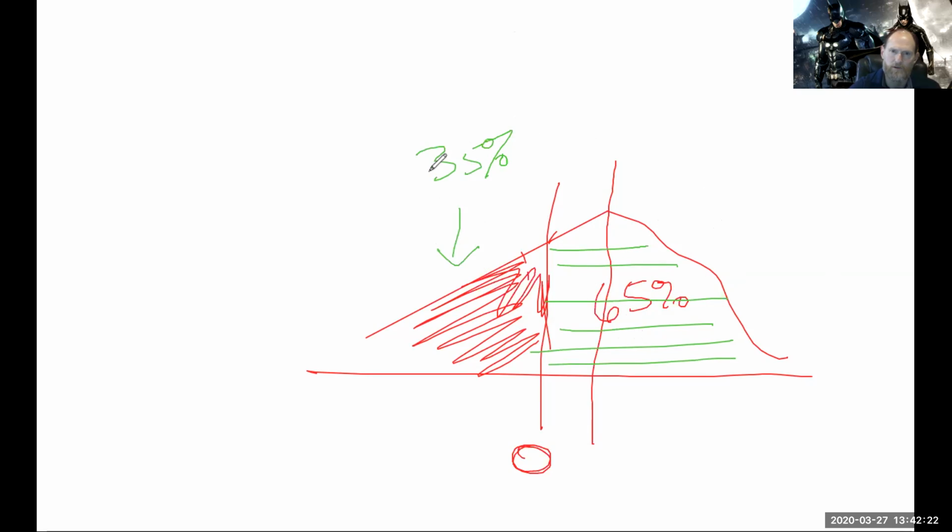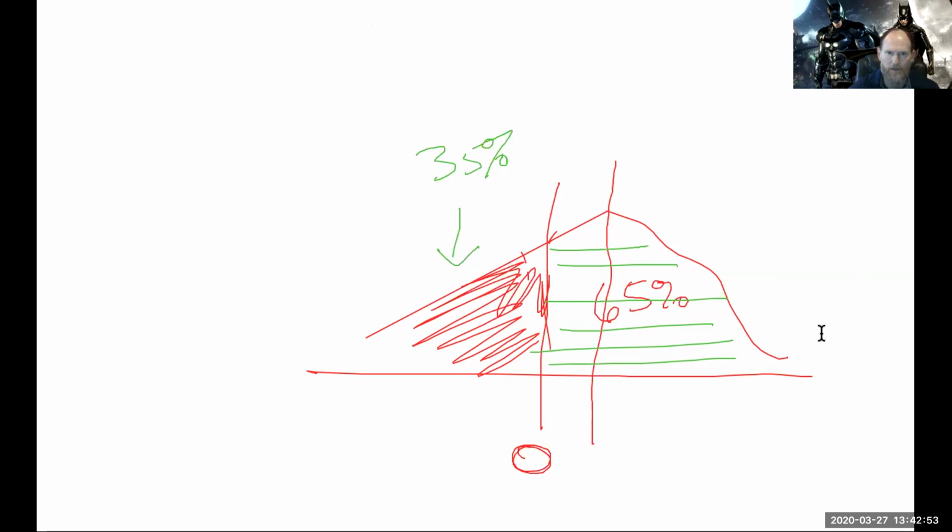So let's see what happens when I go into the Z table with 0.35 and look for that. Okay, where's my Z table? So I'm looking for 0.35 this time.